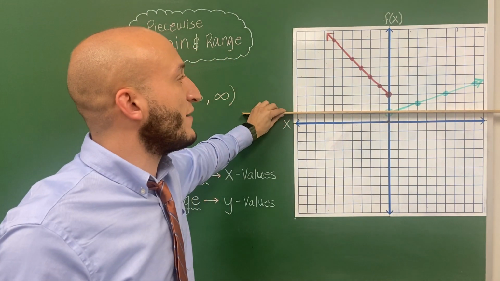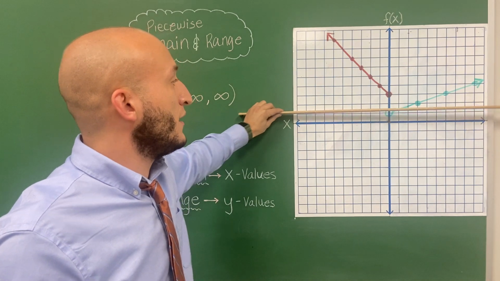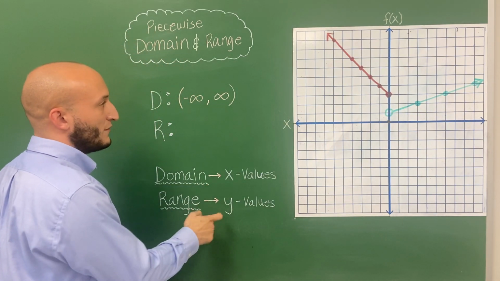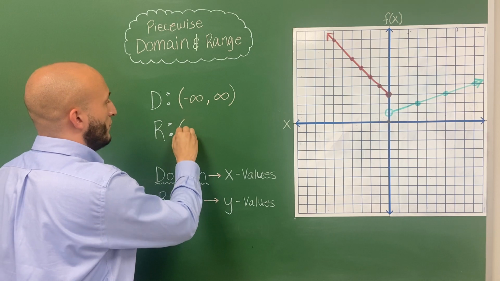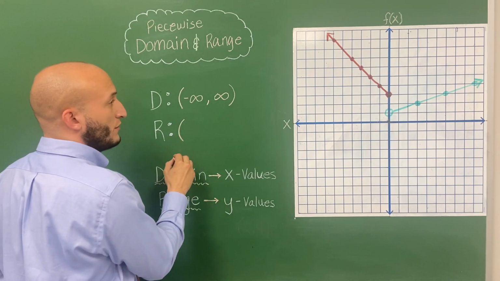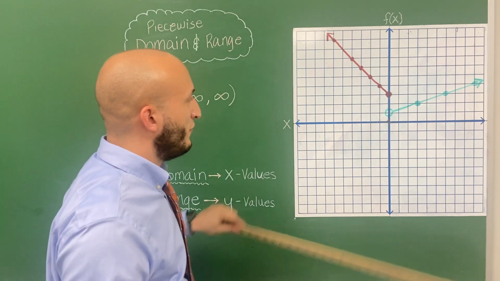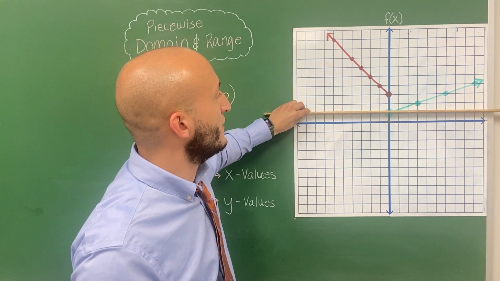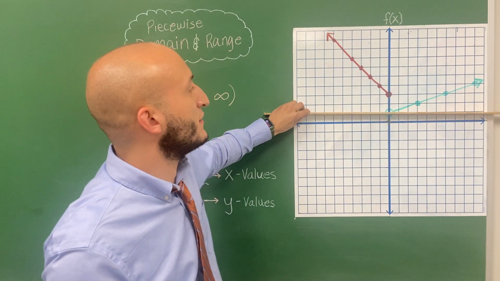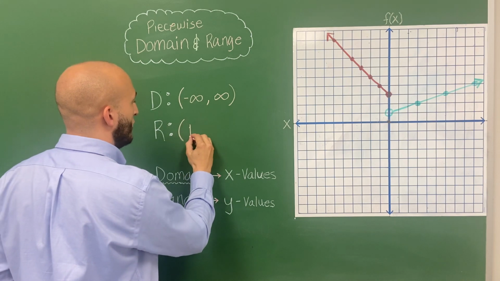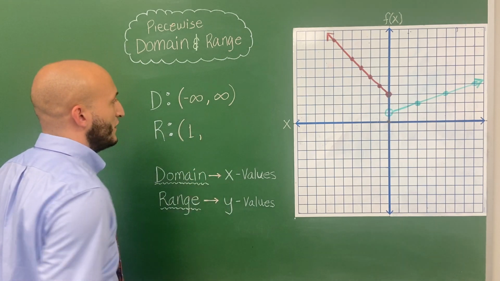Oh, okay, this is where I first start seeing values for y. So I'm gonna put a parentheses, and what value is this? This is y equals +1. So I'm gonna write a 1, comma.